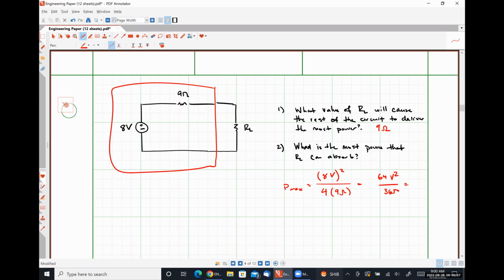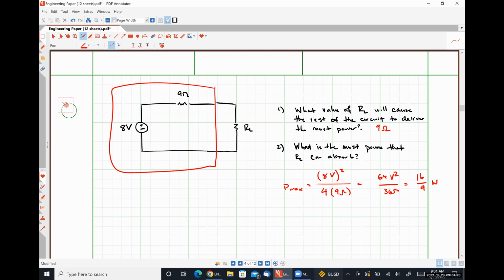So let's see, 64 over 2 is 32. 32 over 18... I should be able to do this math in my head better. Let's see, 32 over 2, 16 ninths of a watt, if my mental math is correct.